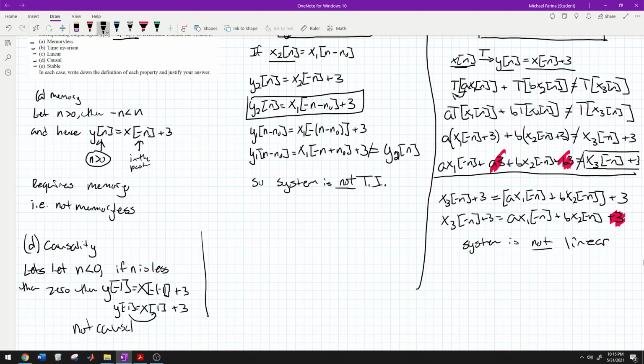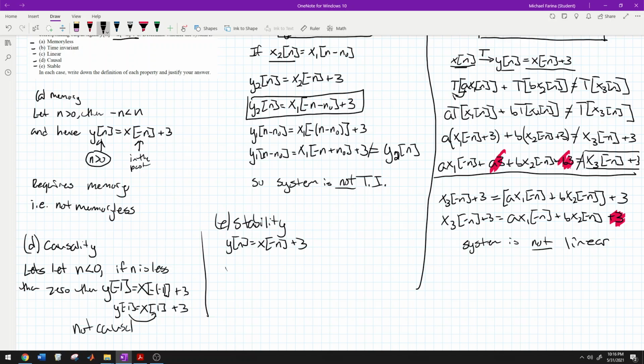Now for stability, stability is a fairly simple one. y of n equals x of negative n plus 3. Well, if we have a bounded input and we get a bounded output, BIBO, that defines our stability, right?